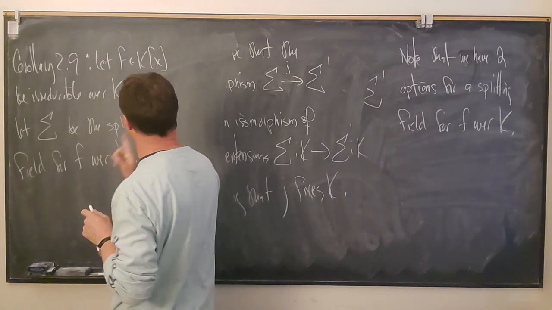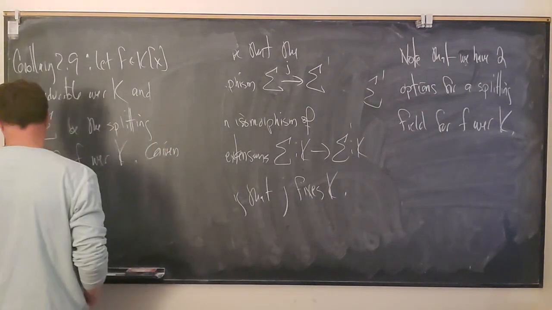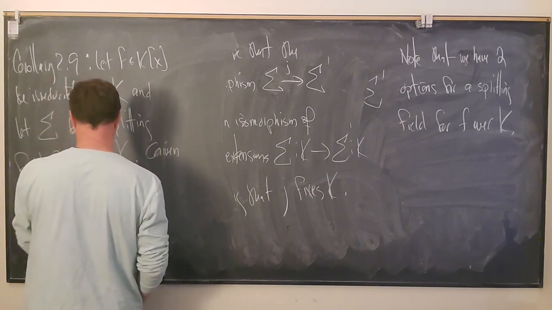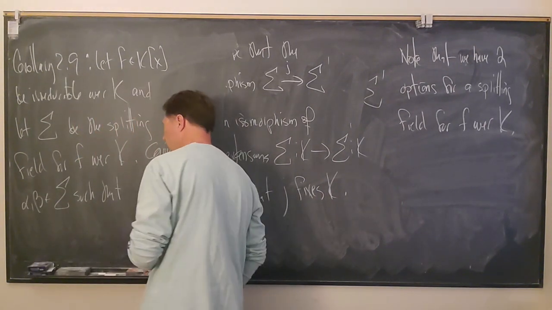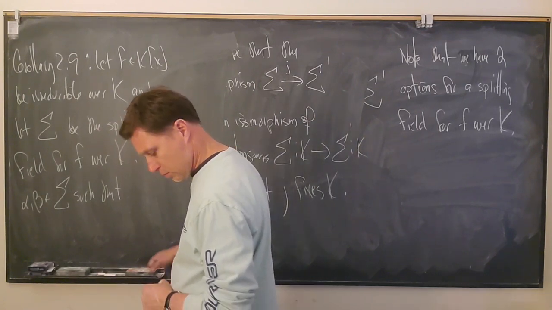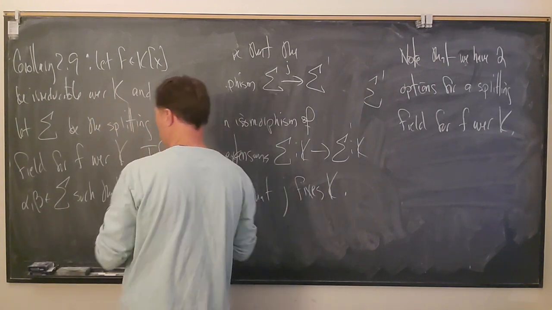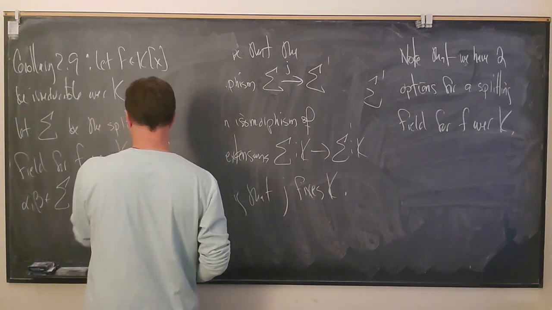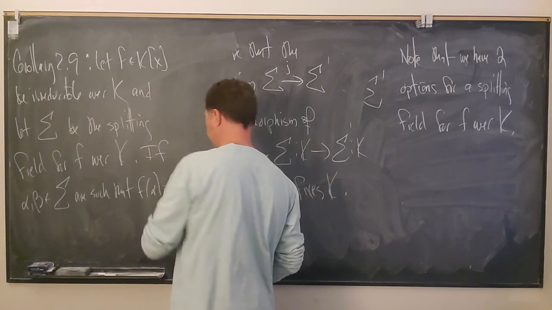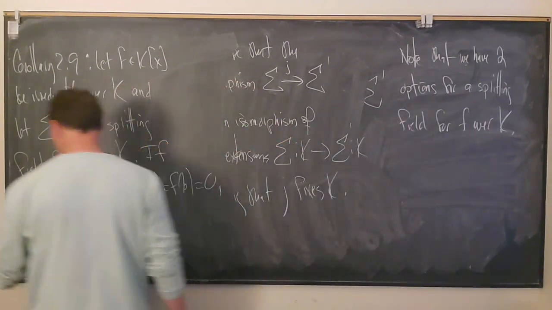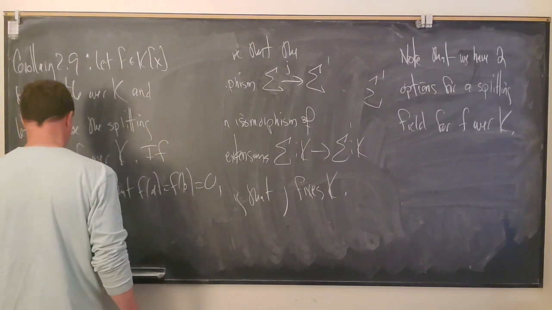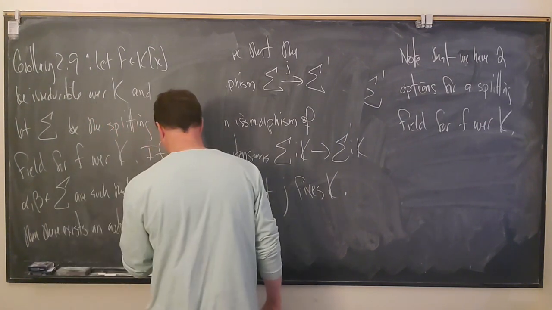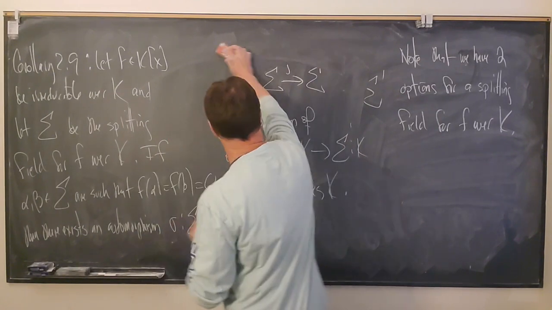Now, if alpha and beta in sigma are such that f of alpha equals f of beta equals 0, then there exists an automorphism little sigma from capital sigma to capital sigma.